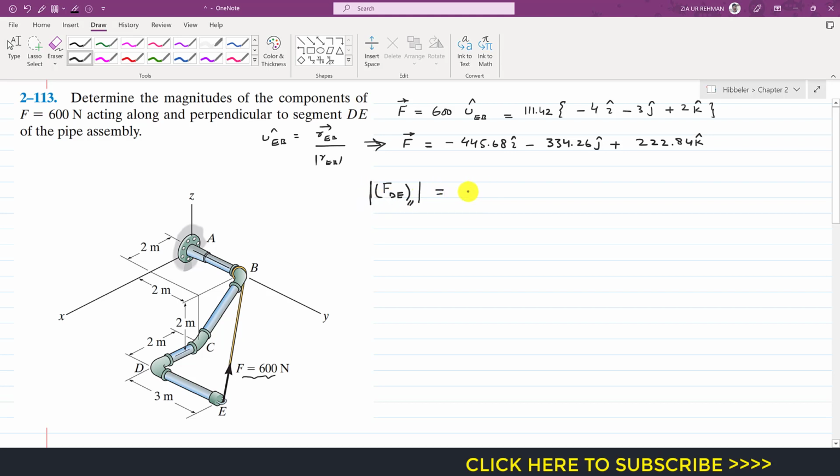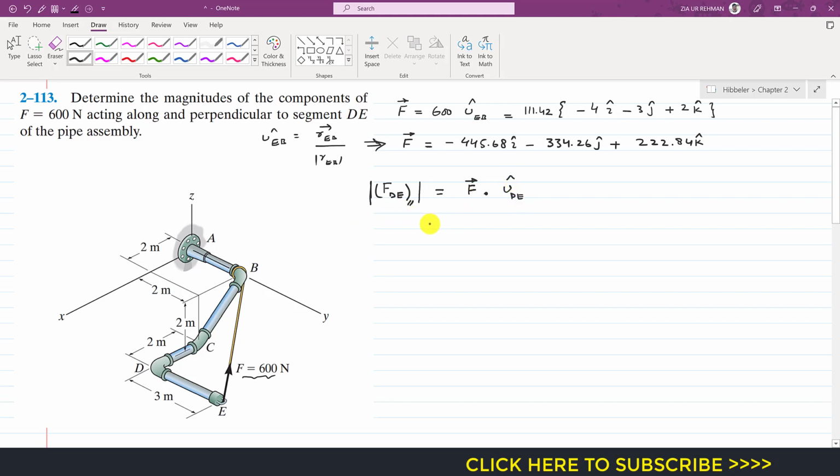That magnitude will be equal to the force F dot the unit vector along DE. We need to find the unit vector along which we want to find the component, since we are interested in the component of force F along DE.